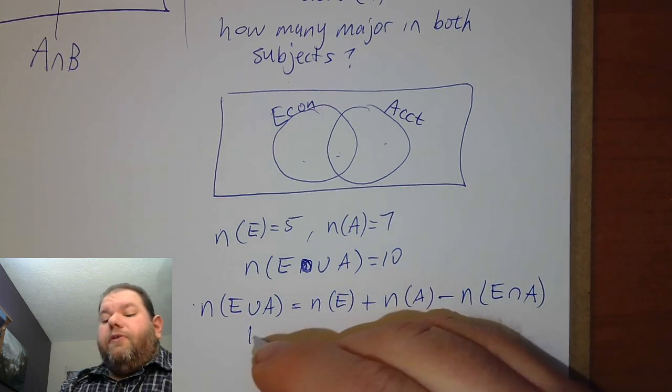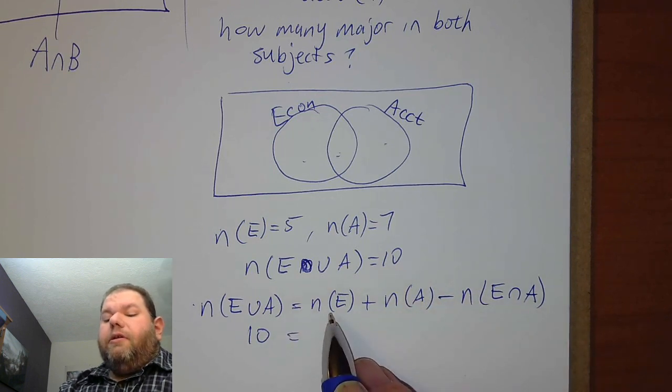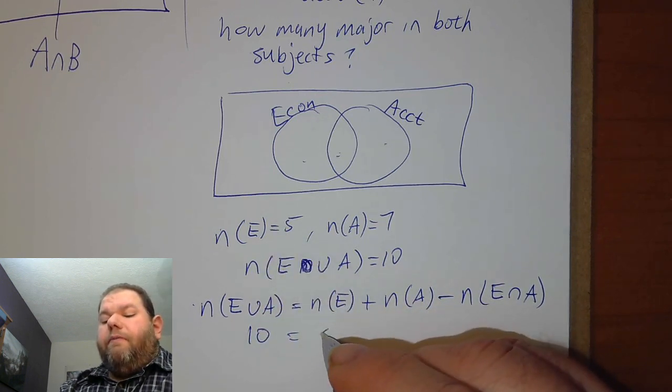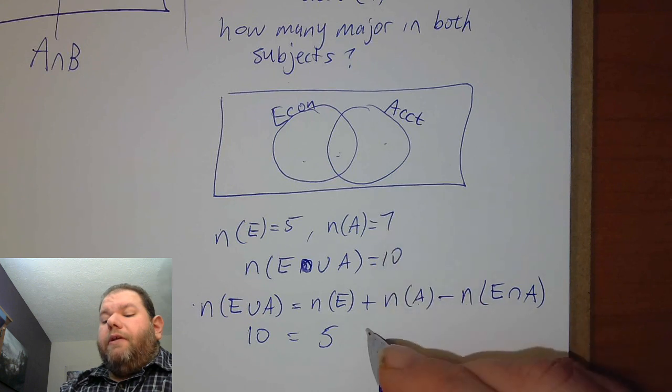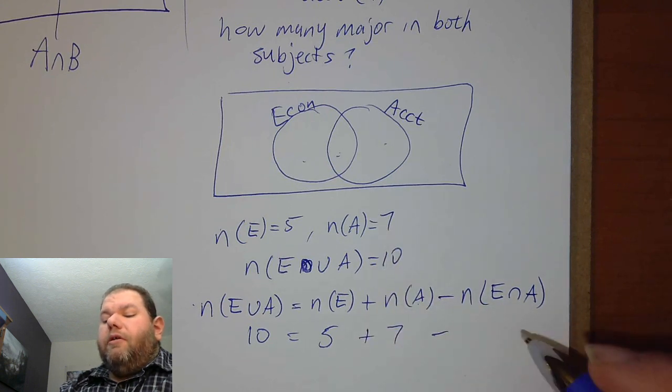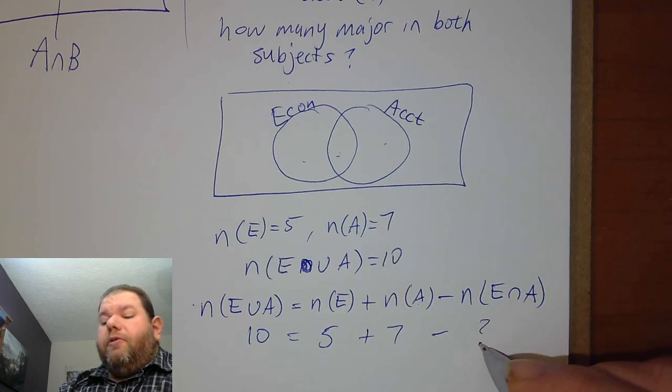So we know this number is 10. N of E is 5. N of A is 7. And this number is unknown.